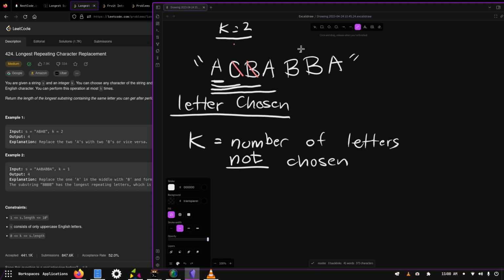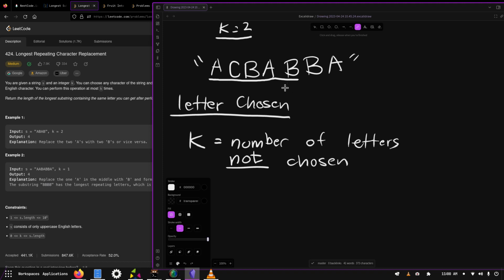Okay, let's continue this example because I want to see how the algorithm would work for the rest of this string. So we'll erase a few of these here. B. So right now our substring is here, but what happens when we reach this as our substring?